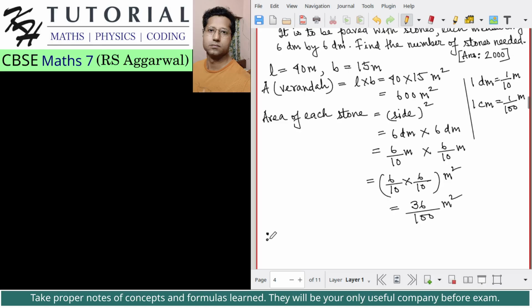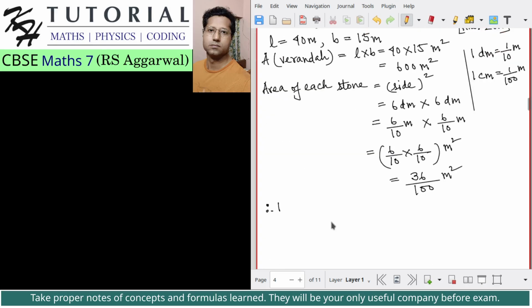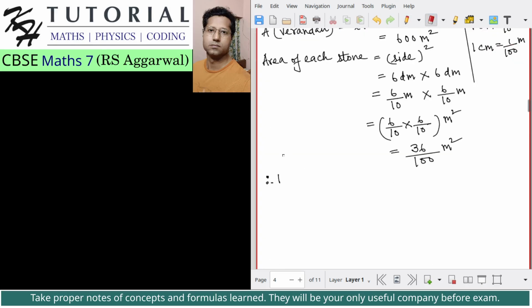So therefore, applying the concept of unitary method, I can now find the number of stones required. It will be the area of the veranda divided by the area of each stone. Why so? Let me show that using unitary method.